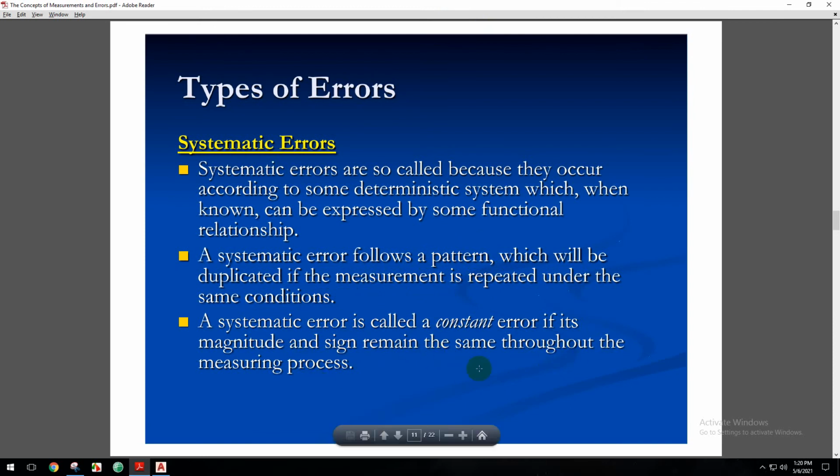So, kung, for example, kato nga tape, mo-expand every 37 degrees Celsius, molapas pa ang temperature, mo-expand siya og 5 cm. So, kung masakpan na nimo ang pattern, kabaw man ta nga 5 cm ra iyang expand, so mao na ang constant error. So, makoreksyonan na siya, as long as may batasan na ang iyang pattern or iyang hinungdan. So mao na siya ang mga systematic errors. Gets?